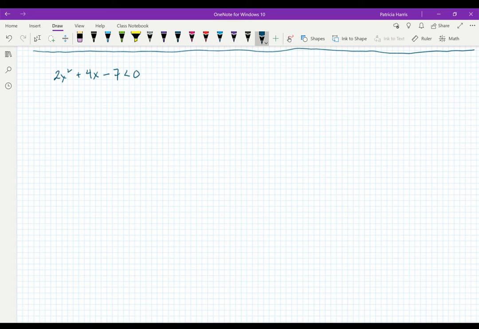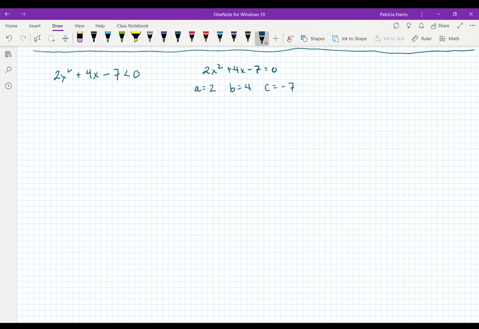Now, the last example I'm going to show you how to graph it, but we're going to do the quadratic formula. So again, related equation, and just pretend it's an equation. So your A is 2, your B is 4, and your C is -7.